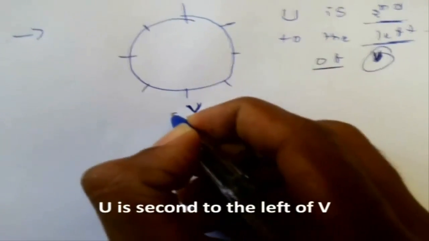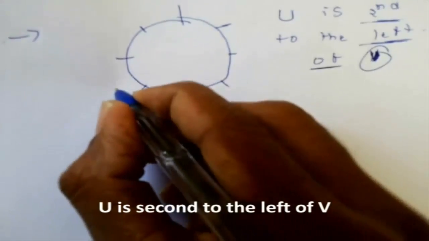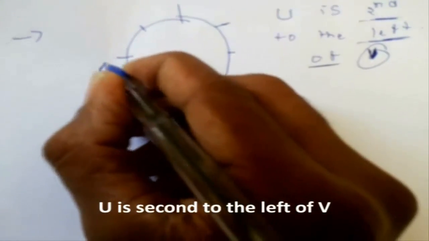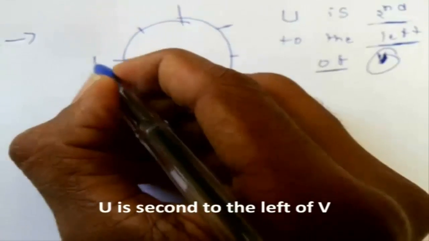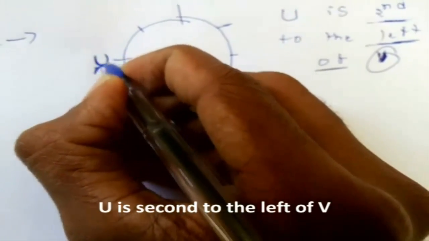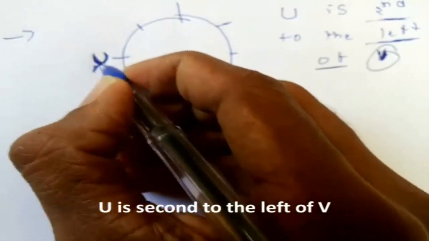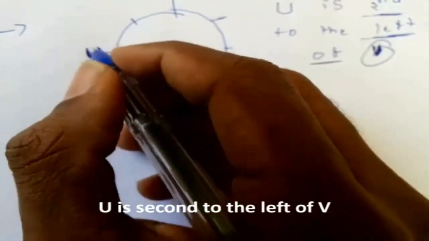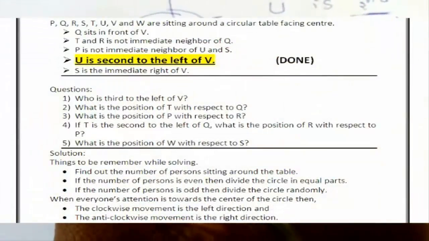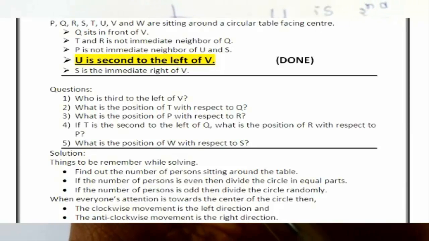If you move in a clockwise direction from V to the second place, we will come here. So U will come here. In this way, U is second to the left of V. So the fourth condition is satisfied.